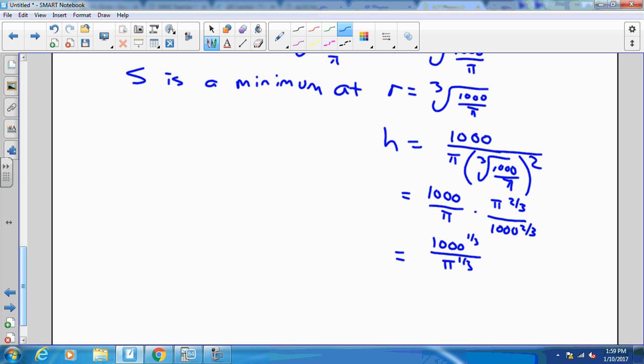So this cylinder is kind of cubish, very squat. Which makes you wonder, how come soft drink manufacturers don't make their cans shorter? Because they would use less material that way. Any ideas? There's a really simple reason. It would look a little weird, but you'd get used to it.